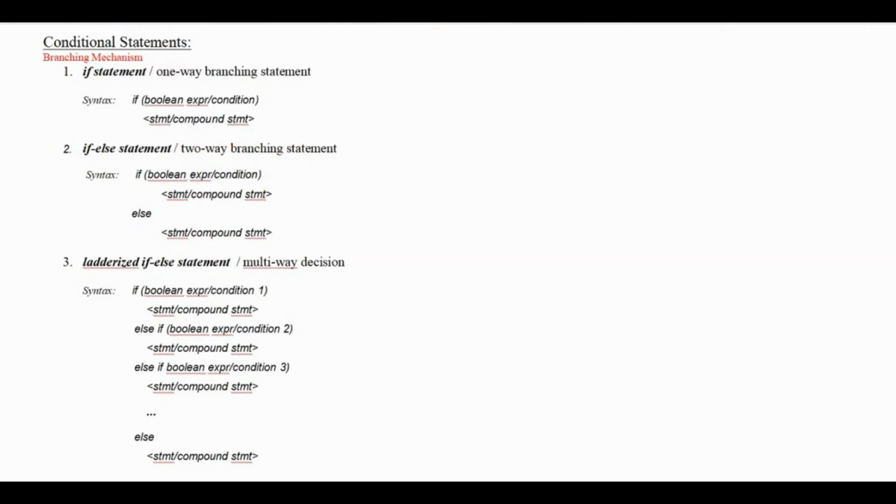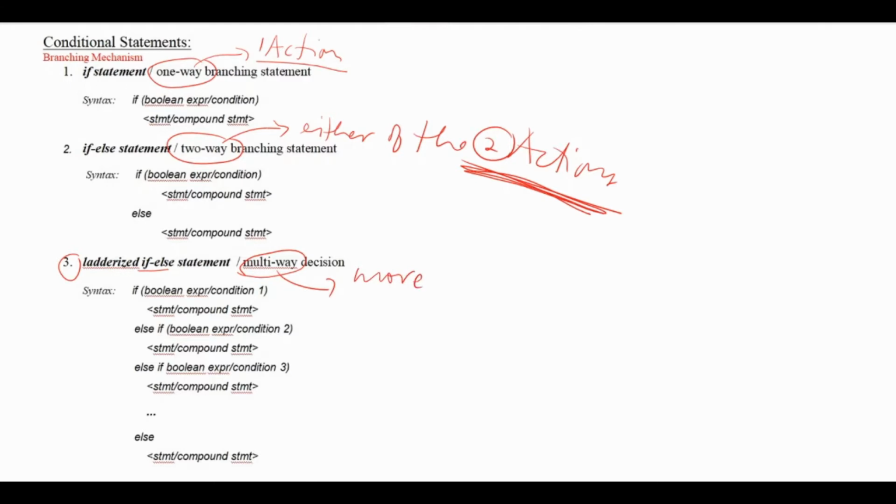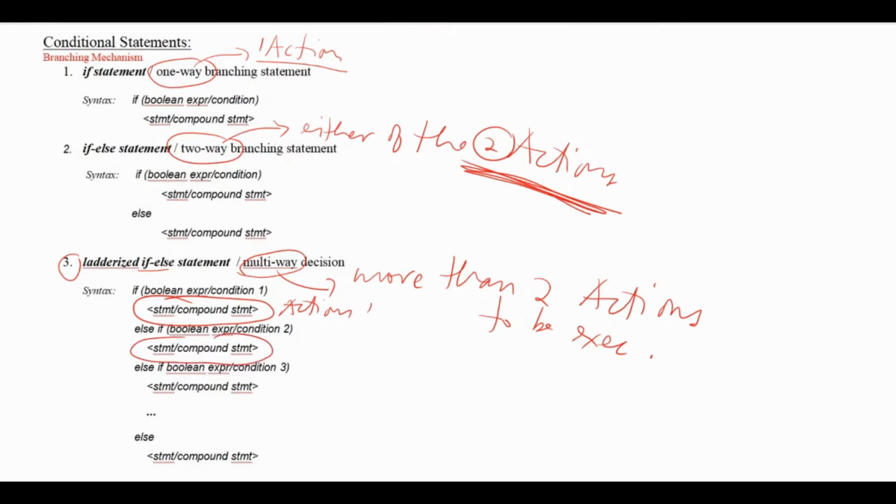The third one is called ladderized if-else, or we call this multi-way decision, because there could be more than two actions to be performed or executed. So this is one action block, action 1, and this is action block 2.